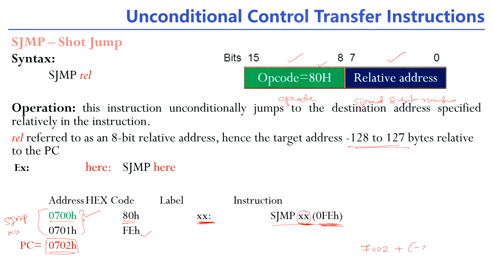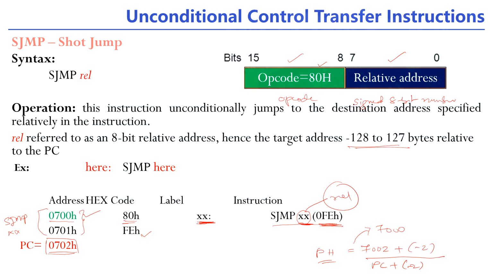The actual physical address is equal to the PC value plus the address relatively specified within the instruction. What is the address specified relatively here? -2. So 0702 plus -2 is equal to the actual physical address, 0700 only.